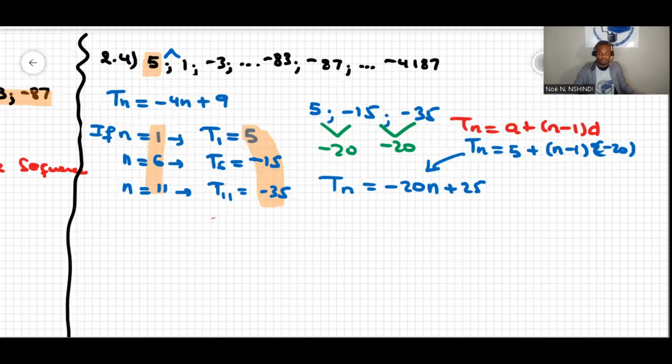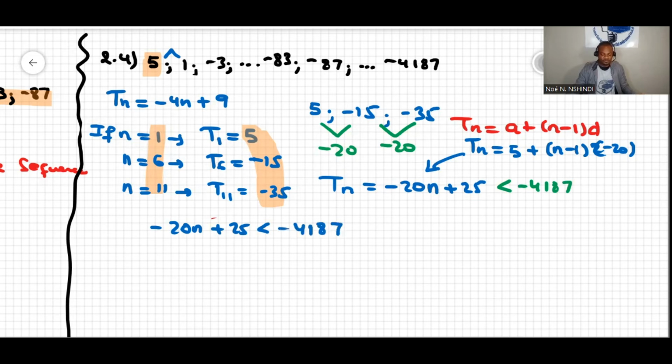Because we already wrote Tn here, it must be a term that is less than negative 4,187. So now we just do negative 20n plus 25 less than negative 4,187, to find which term that is.